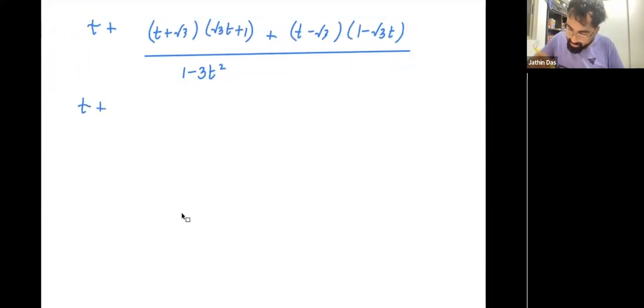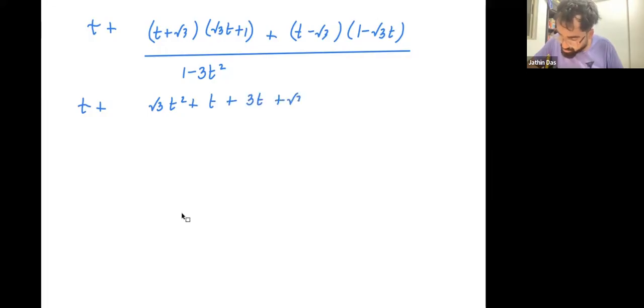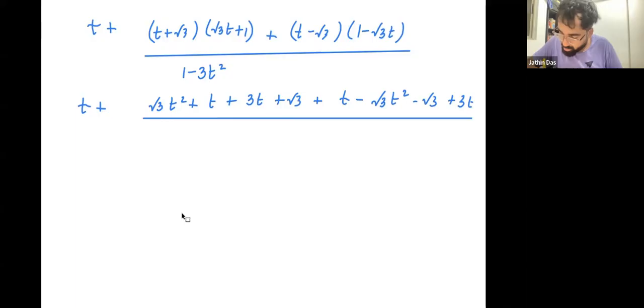So t plus, last में करते हैं. Okay, root 3t² plus t plus 3t plus root 3, plus t minus root 3t² minus root 3 plus 3t, divided by 1 minus 3t². कुछ cancel होगा ही होगा.